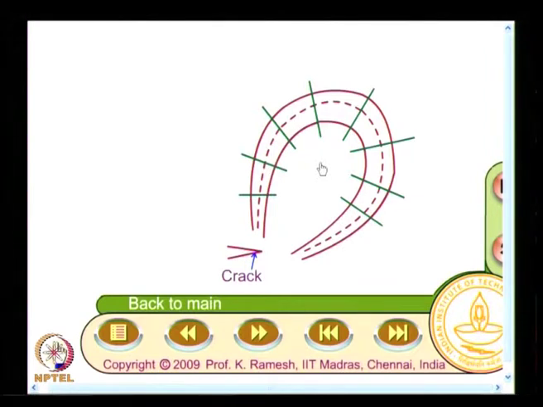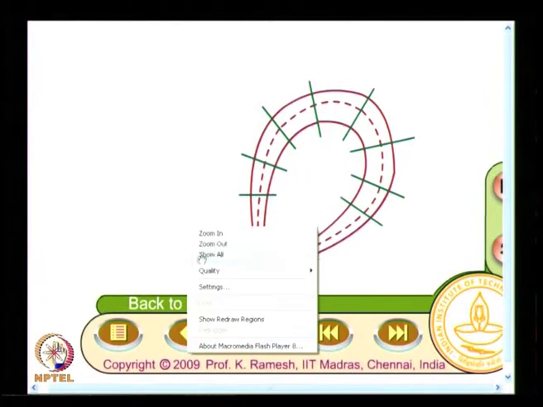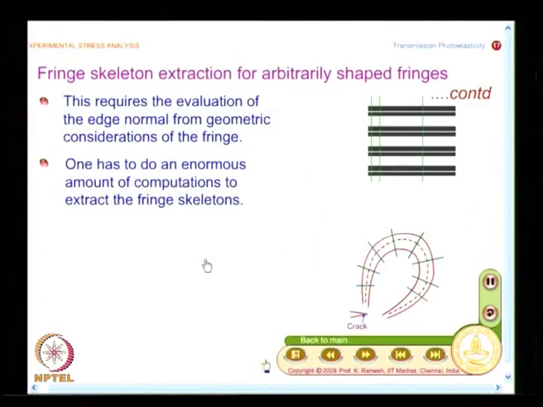Even if you want to implement it digitally, the mathematics involved is high, and it is mostly a repetitive type of processing, and this is not advantageous from developing an algorithm. So, you have only identified what is the difficulty in processing a generic fringe pattern, and here what we found was that logical operators have really helped.